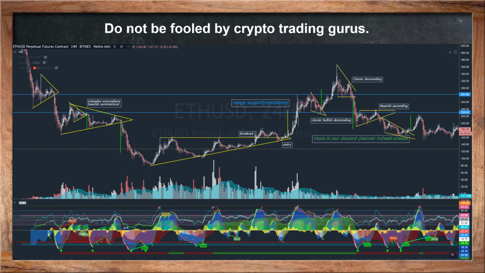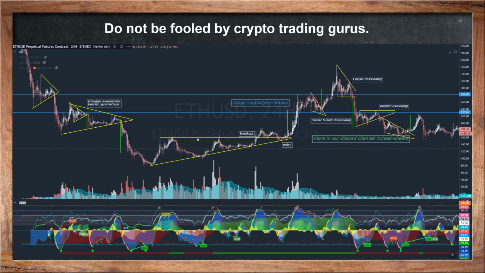Here's what you need to know. When a breakout occurs, this is an ideal situation. A confirmation of 2 or 3 candles. This is a daily chart. A confirmation of 2 or 3 candles will give you an indication that this is a real breakout. And it has to be backed by volume.